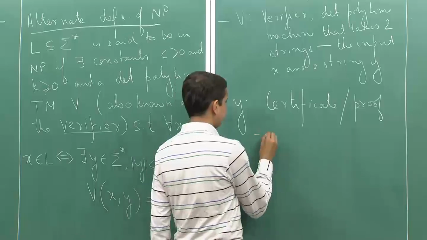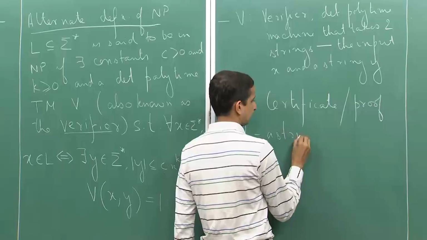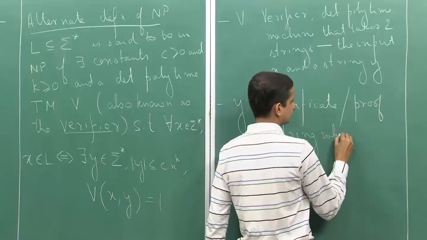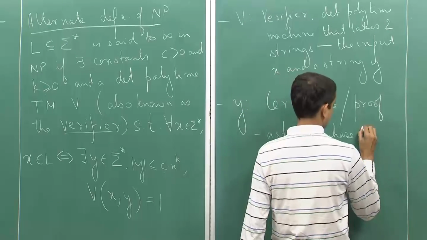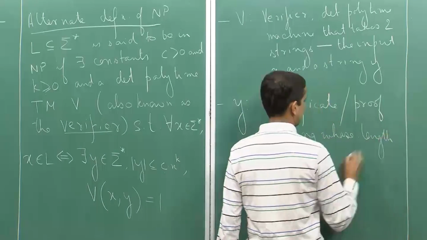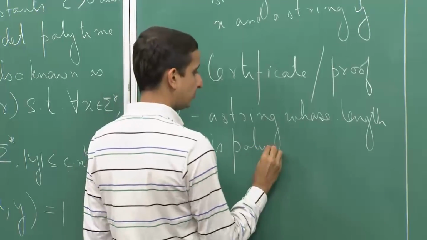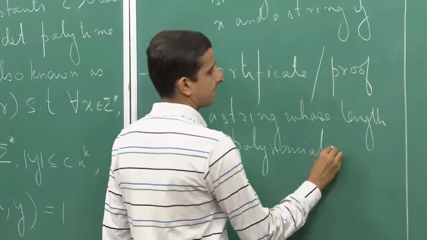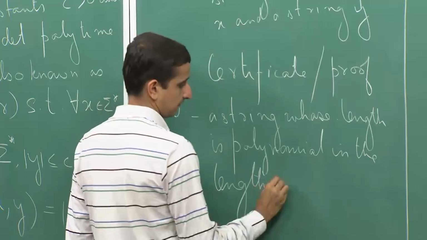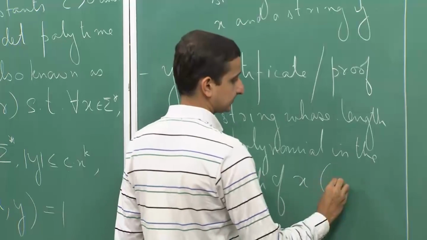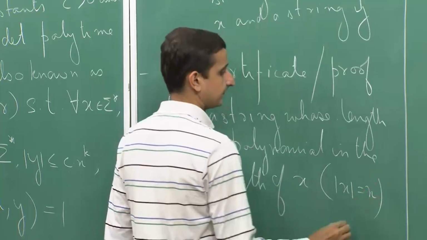So, y is a string whose length is polynomial in the length of x. Okay, so we just denote mod x equal to n.